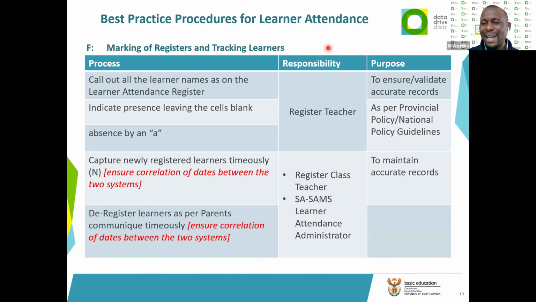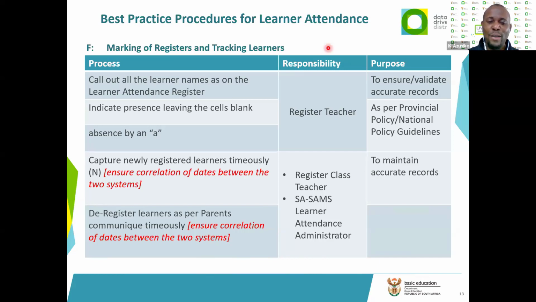Also, a very important aspect, provincial/national policy guidelines. Then the next process is to capture newly registered learners timeously by putting the capital letter N. Remember, as I said, if your province doesn't do it that way, go with the way your province does it, but it has to be done. And to ensure correlation of dates between the two systems.